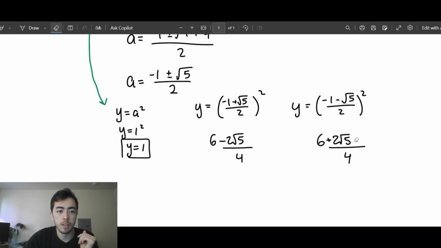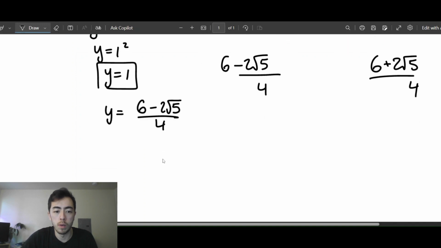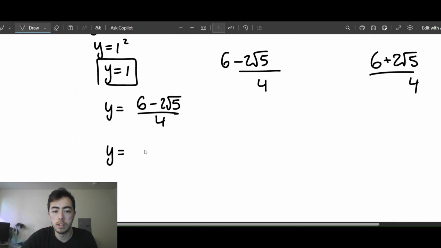And then since they're all even, I could finally simplify a little bit. So maybe y is equal to 6 minus 2 root 5 over 4. Oh, I said simplify. Gosh. Let's divide all of these by 2. So that's going to be 3 minus root 5 over 2. Or potentially y is equal to 3 plus root 5 over 2. Okay.